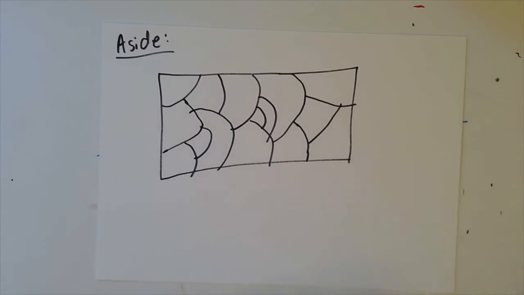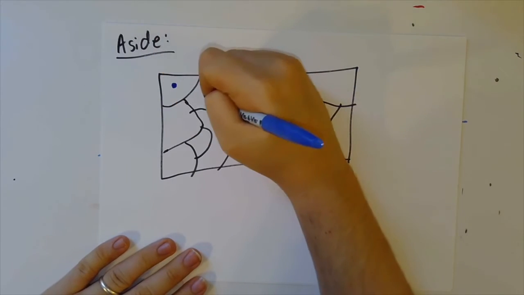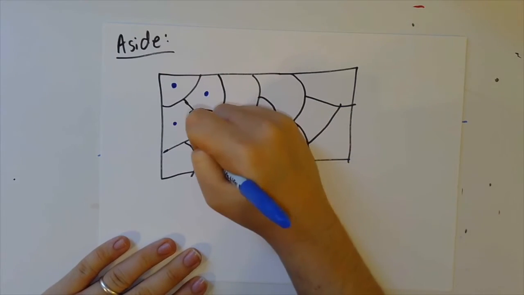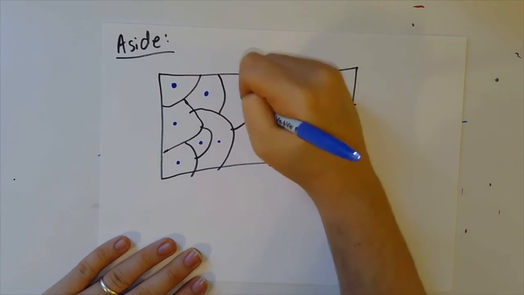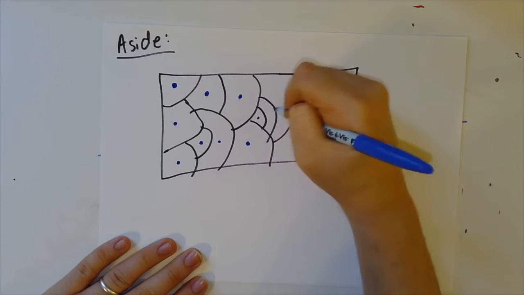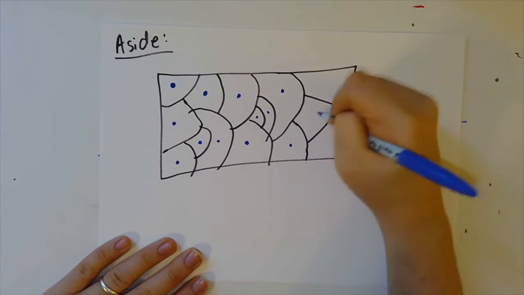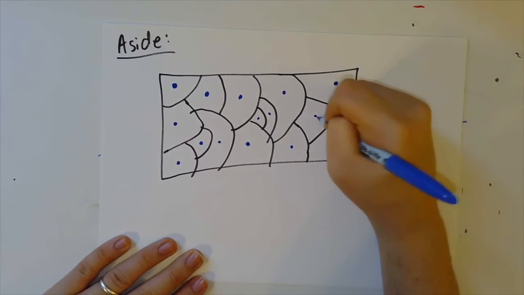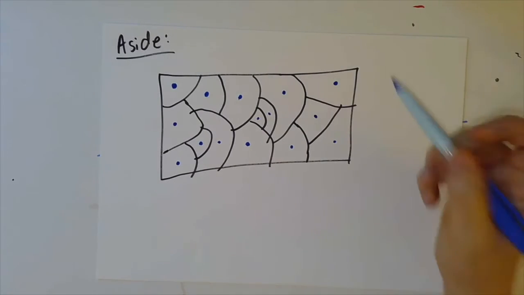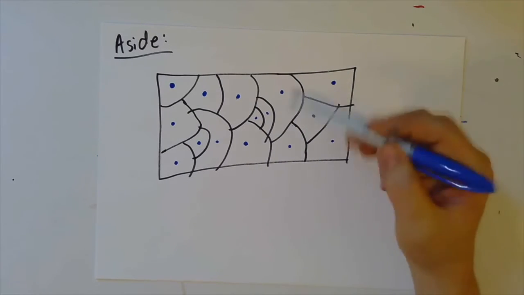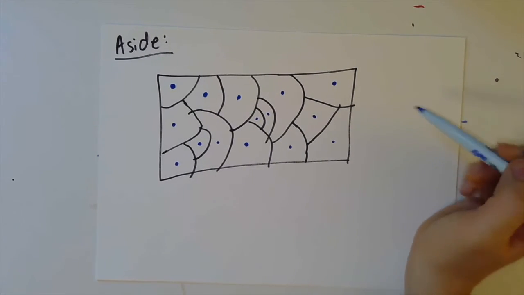And here's how I do that. What I'm going to do is make a vertex on each face. Like this. Okay. And so coloring the countries is now equivalent to coloring the vertices.